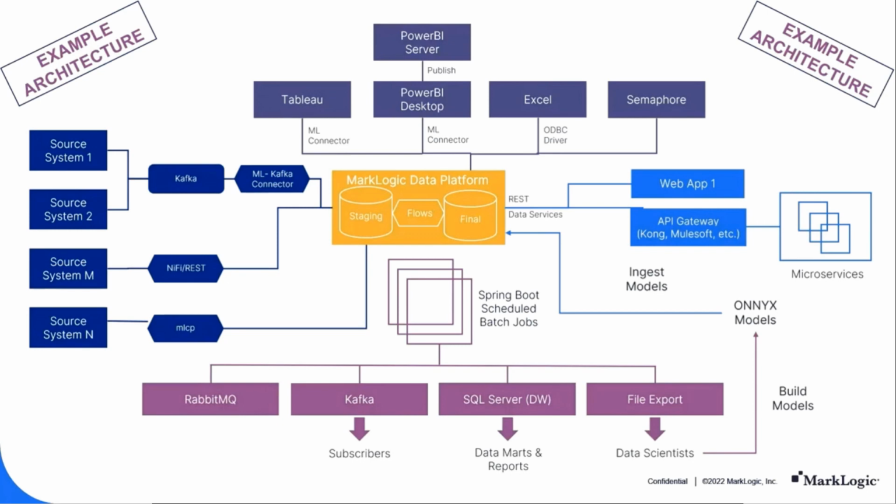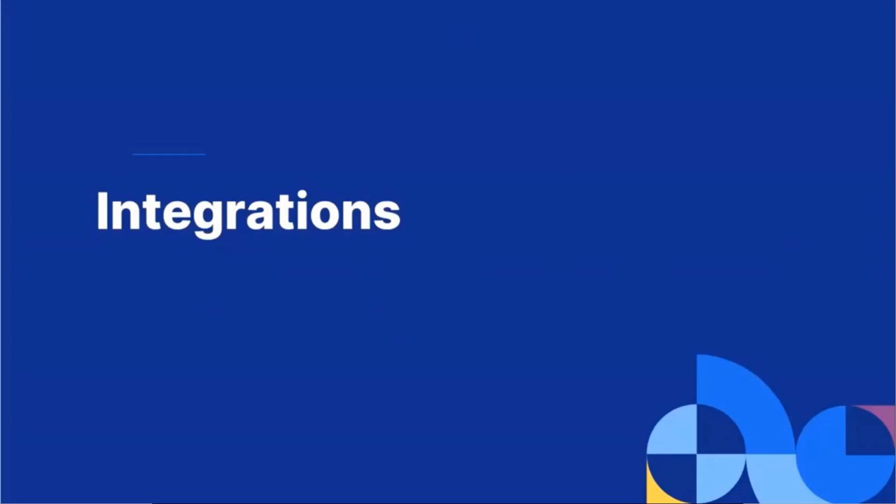So this is an example architecture. Again, many enterprises have a much more complex landscape than what you see here. What are the popular integrations that we have seen in MarkLogic?